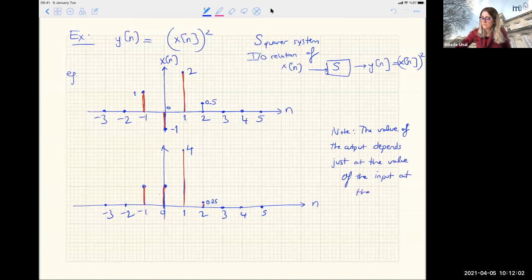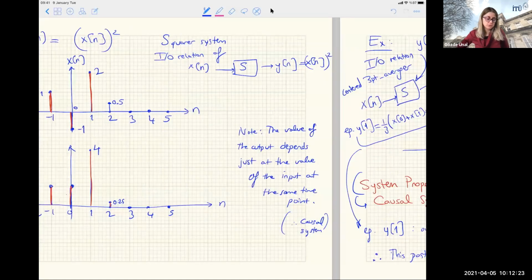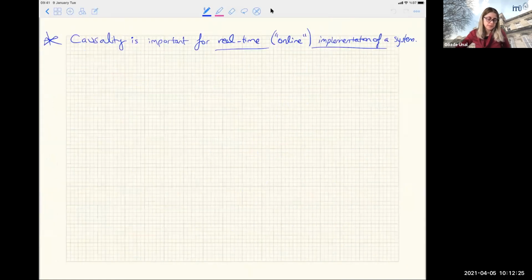At the same time point. That's why this is, for instance, a causal system. This is a note from the notes ahead. It's going ahead, but you guys now know it, so therefore it's a causal system I'm writing. It's a little bit ahead of itself, but it's fine. So another example, let's look at this 5-point averager.